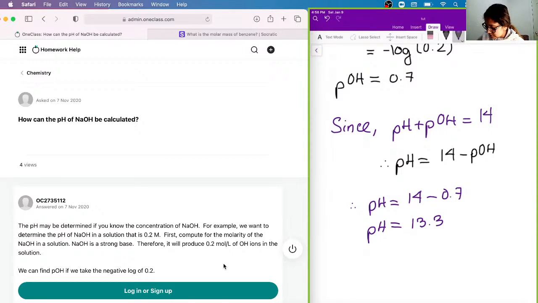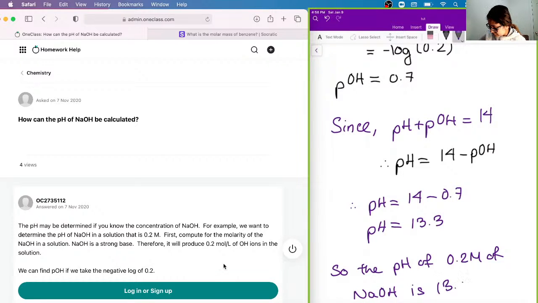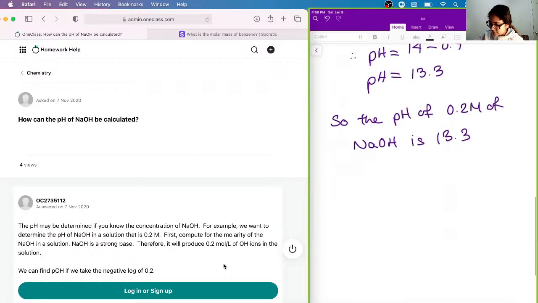So the pH of 0.2 molar NaOH is 13.3. You can see that this is a large value of pH. If you recall the pH scale, this is 7, this is 14.